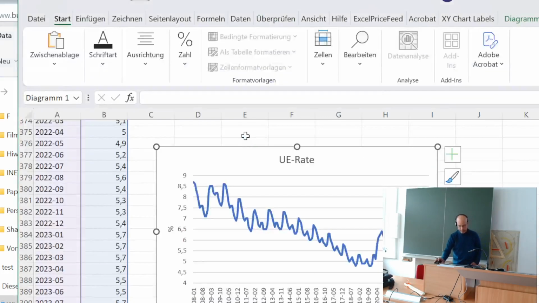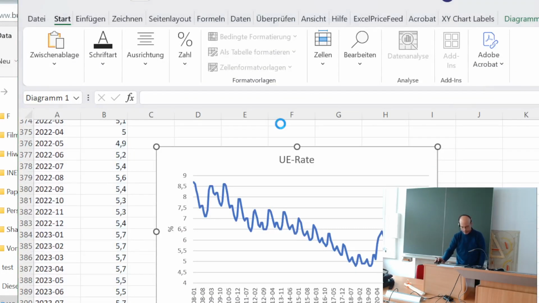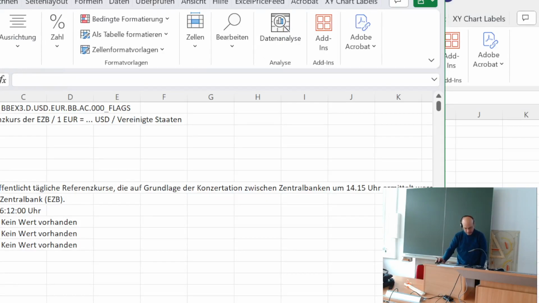There it is. And here sometimes you have the problem that on weekends there is no fixing in the exchange rate, and therefore you see that here some data is missing.